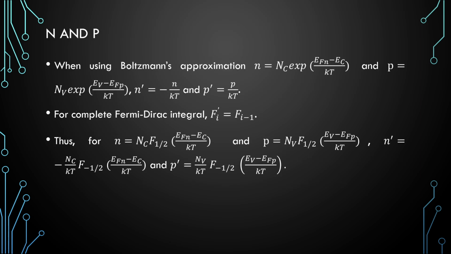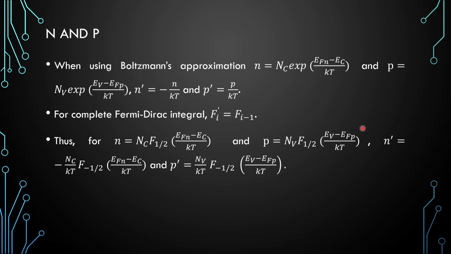So how do we calculate N and P? When using the Boltzmann approximation, N and P can be expressed using a simple exponential function. When calculating with the complete Fermi-Dirac integral, there is a relation that the derivative of the Fermi-Dirac integral of order j is equal to the Fermi-Dirac integral of order j minus 1.